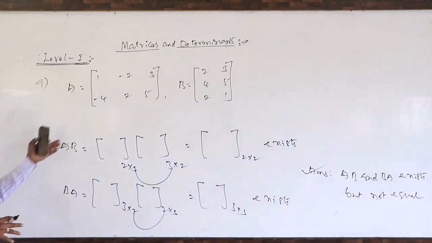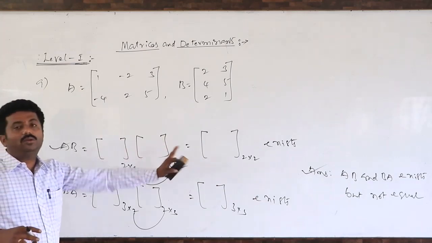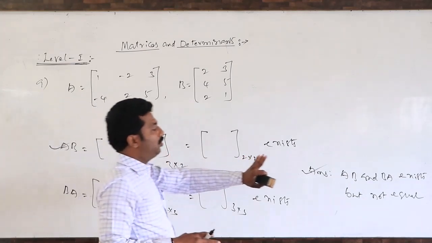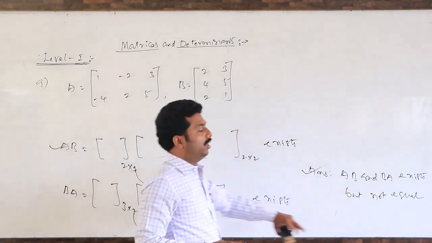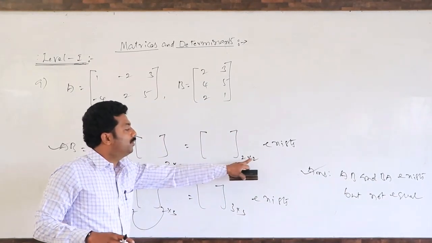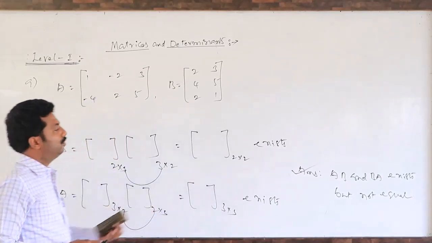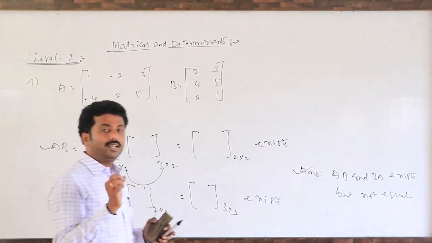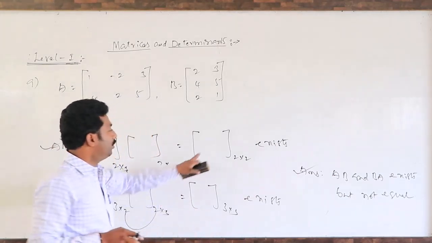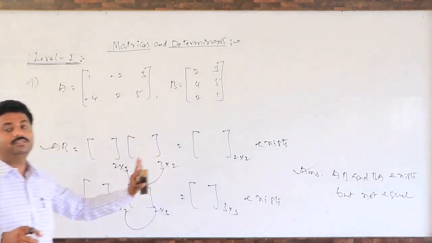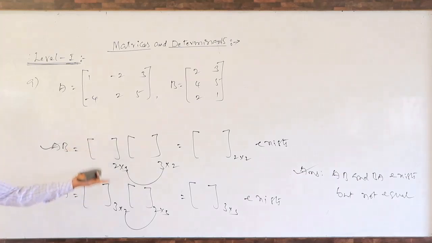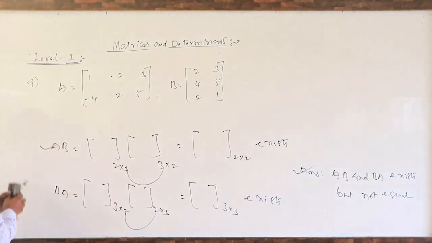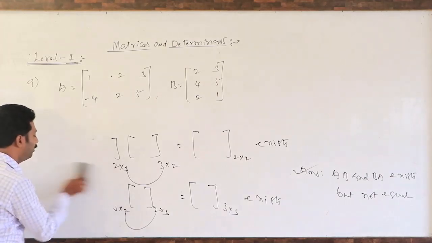Values are not necessary, we just go according to the options. To say that two matrices are equal, they should have the same order and corresponding elements must be equal. They are not the same order, so trivially AB cannot be BA.